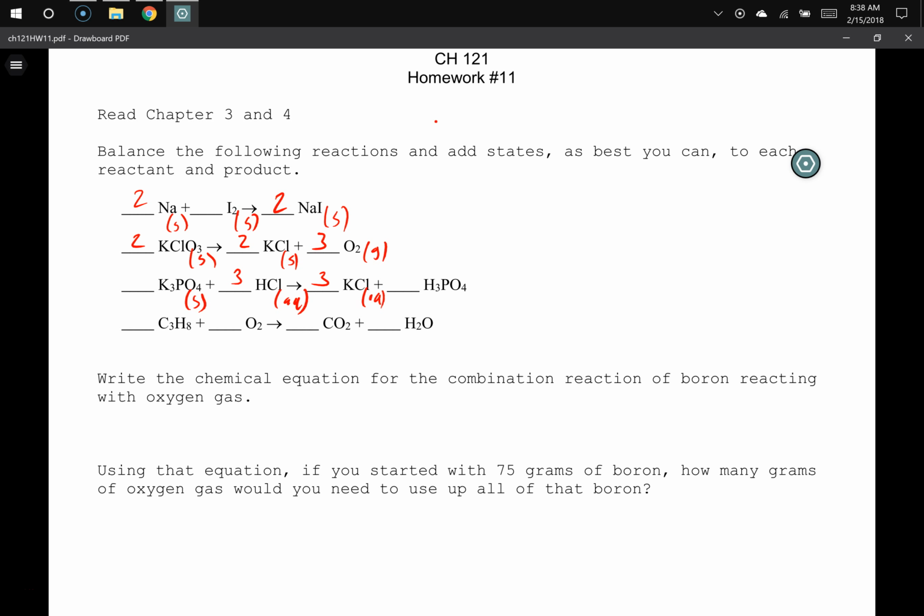Absolutely, potassium is soluble all the time, but in problem number 2, there's no water anywhere. In problem number 3, we know there's water present because we put water in it when I put the aqueous hydrochloric acid in there. So when the reaction happens, that water is still present. And so now I've got the potassium chloride, and it would be a solid except it's wet, and both potassiums and chlorides are soluble in water, so this is aqueous.